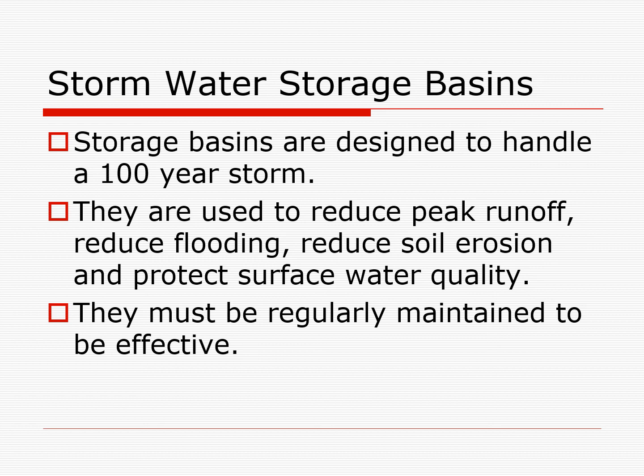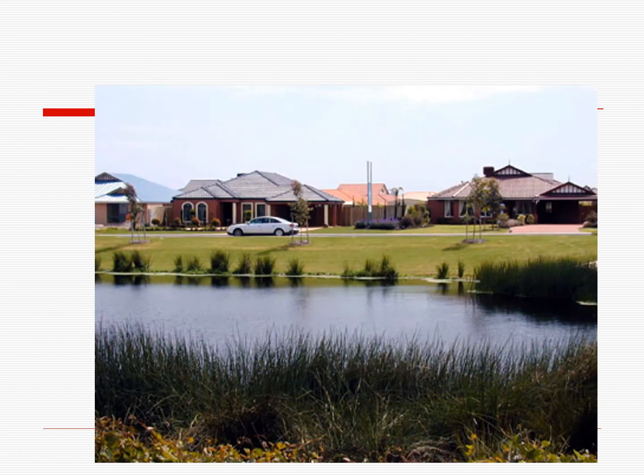Unfortunately, maintenance is not always a high point for municipalities to do. So, you might in your career have to kind of fight to get these things maintained properly. So here's a picture of a basin, and you can see it's got water in it. It's being used almost as a nice feature here.